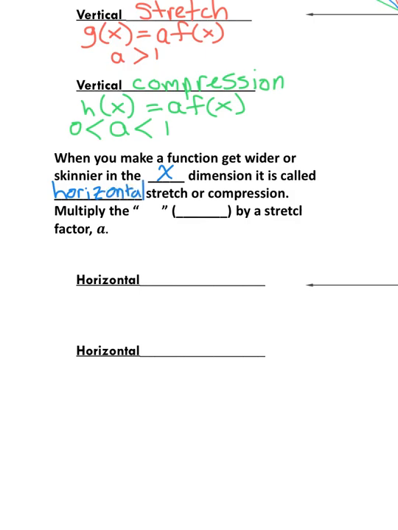And in this case, we're going to multiply the x variable, or we should say the input variable, by some kind of factor a. So if we want to stretch horizontally, that means you're going wider. Stretch horizontally.